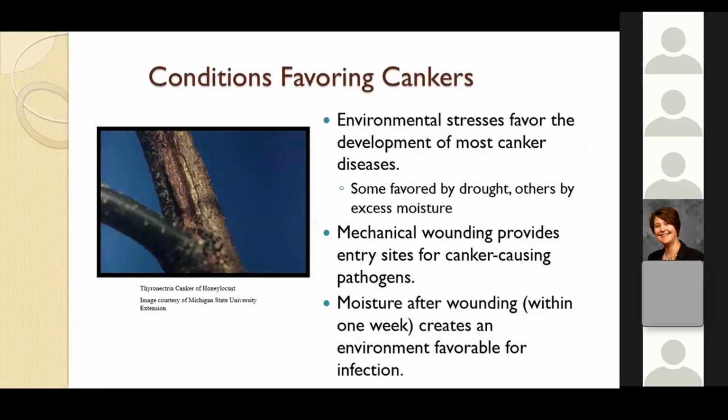So avoiding excess wounding of your trees can sometimes really decrease the amount of cankers. But also, if you get moisture within one week of that wounding event, that's a very favorable environment for infection of not only a canker, but really any of these other fungal diseases that I've talked about.